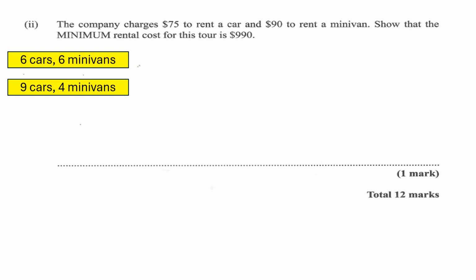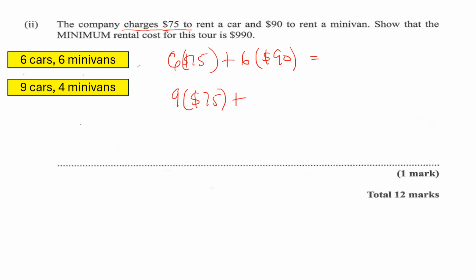So that would be 6 for cars, $75. So that'll be 6 by 75 plus 6 by 90. And the next will be 9 by 75 plus 4 by $90. Let's see the total for this.